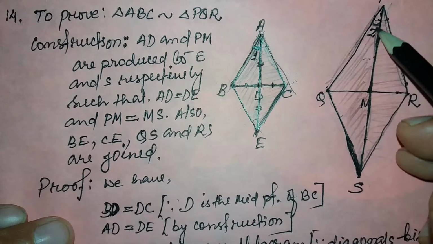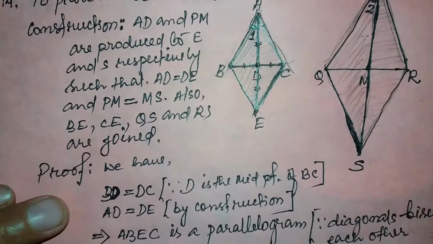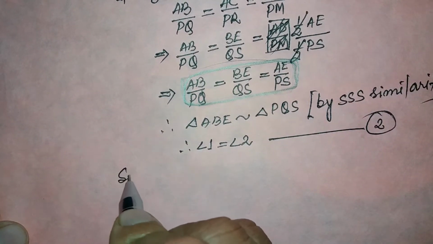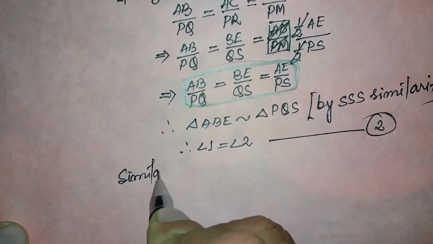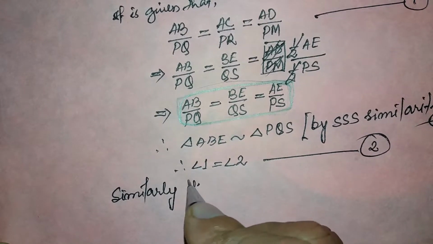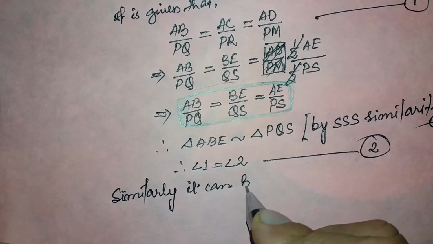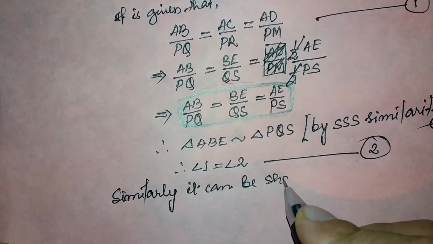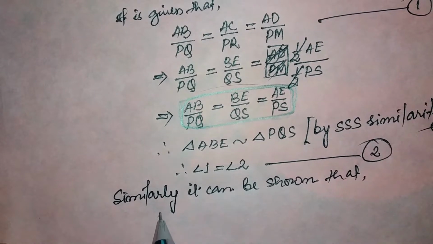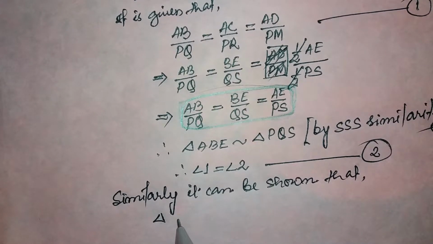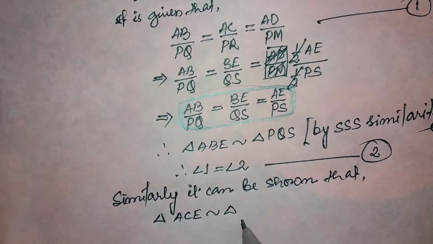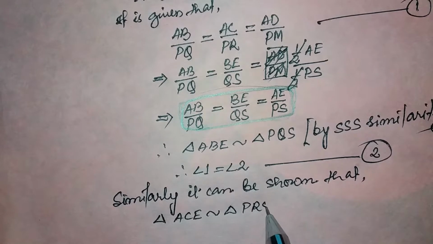We will not show that, we will just write: similarly, it can be shown that triangle ACE is similar to triangle PRS.